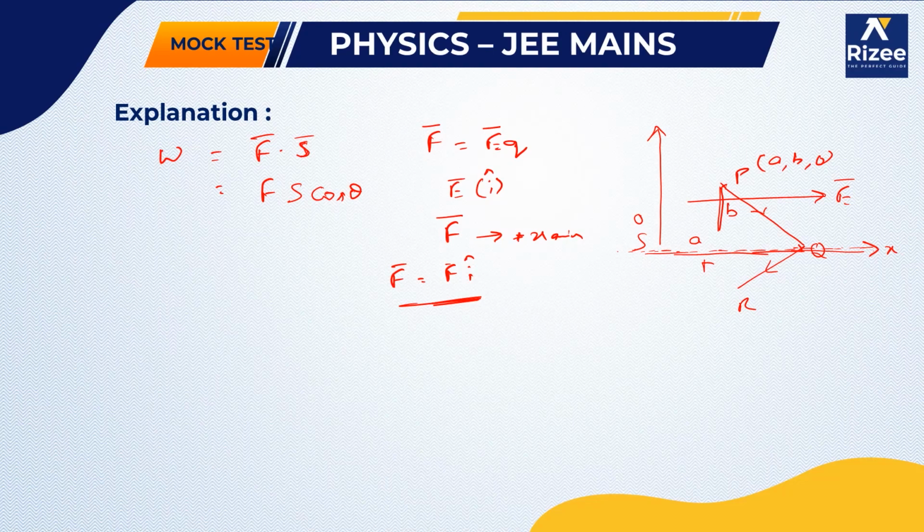So b is standing up to this point, this is your location. Now let me rearrange this. R, and this is your direction of it. So this is 2a, 0, 0, and R is located at a comma minus b comma 0.